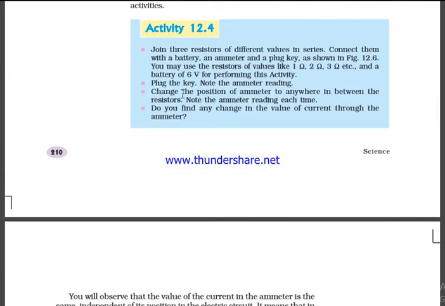Then plug the key and note the ammeter reading. Change the position of the ammeter to anywhere in between the resistors and note down the ammeter reading each time. Do you find any change in the value of current through the ammeter?